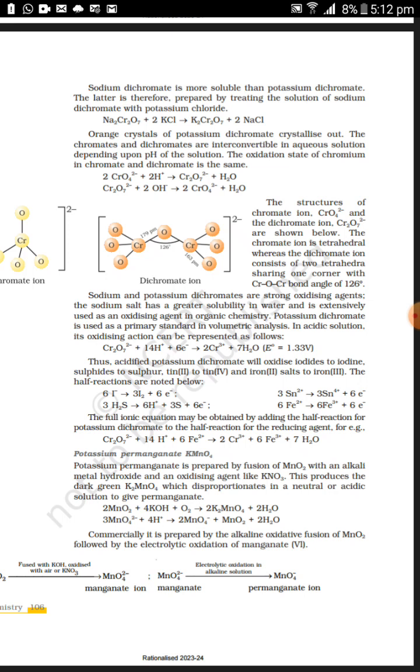So if it has to gain 6 electrons, of course some reducing agent has to lose the 6 electrons, so that the dichromate will gain 6 electrons and get reduced to chromium 3 positive. So these are the equations.